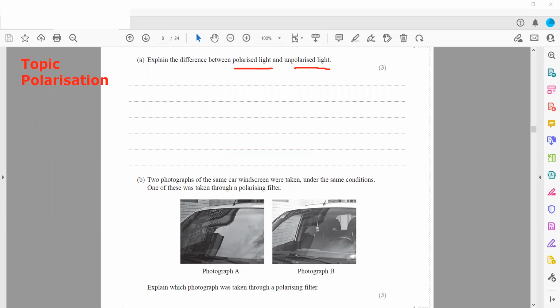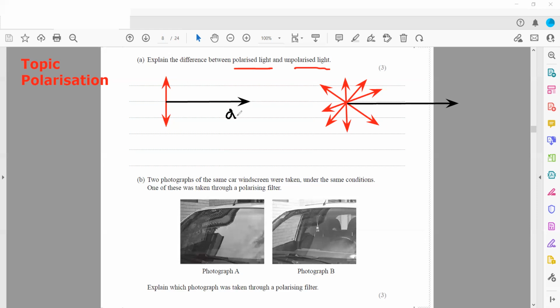So light which has only one component of vibration, for example, if I draw this, only one component of vibration, and this is the black line, the arrow represents the direction of energy transfer. Whereas unpolarized light will have multiple components, and all these vibrations are perpendicular to the direction of the wave.